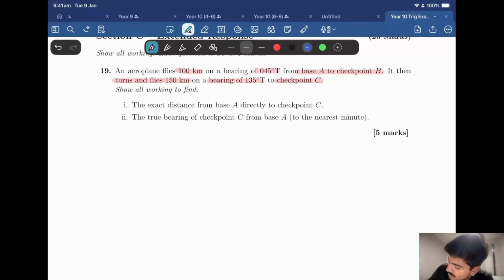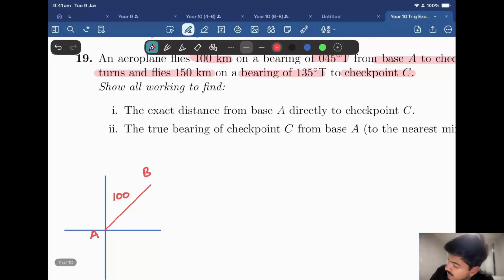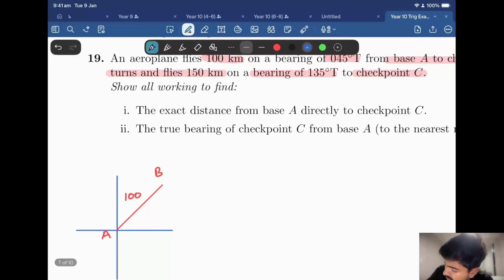Let me show the compass. The plane flies on a bearing of 45 degrees true, so it flies in this direction. That's 100 kilometers, at 45 degrees from base A to base B. Then it turns and flies 150 kilometers on a bearing of 135 degrees true.